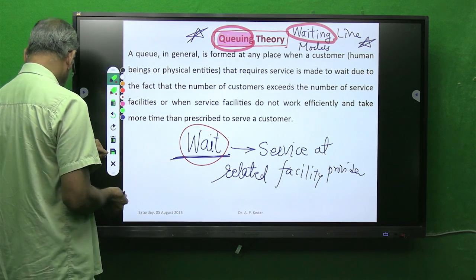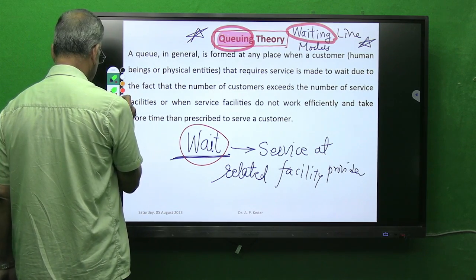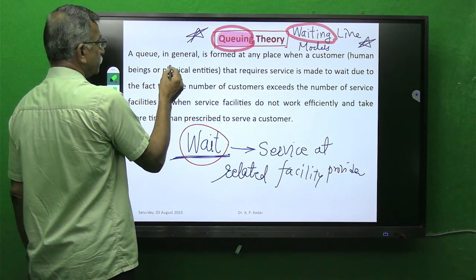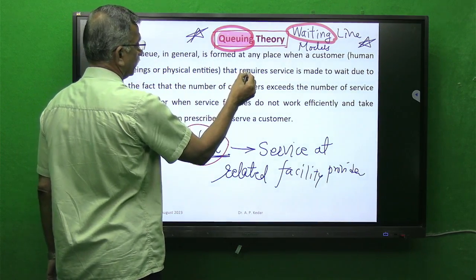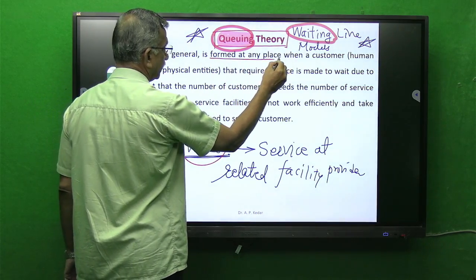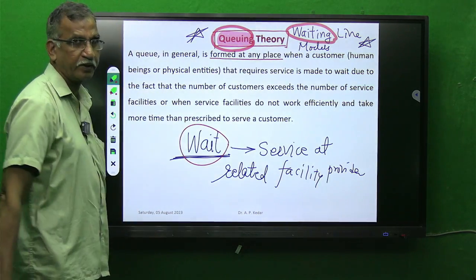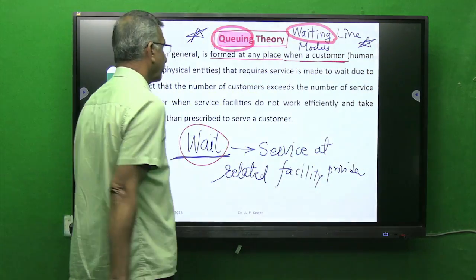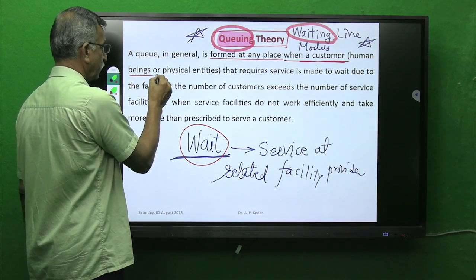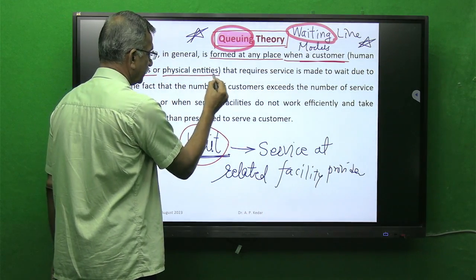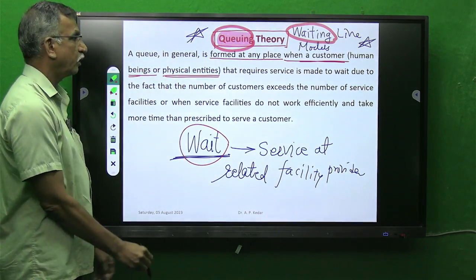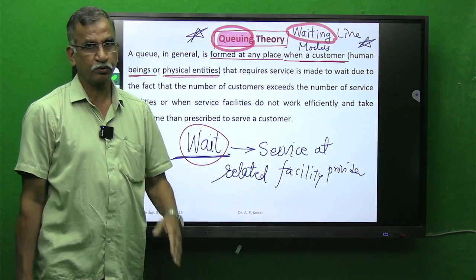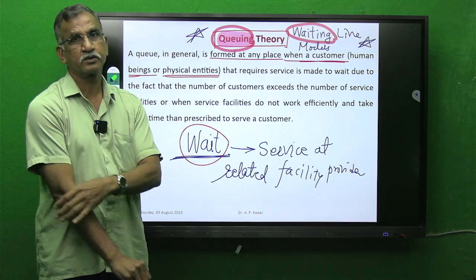So let's see the inputs in that. A queue in general is formed at any place, as explained by me, when a customer, a human being or physical entities... Now here the meaning is a customer can be a human being like you and me or physical entities.